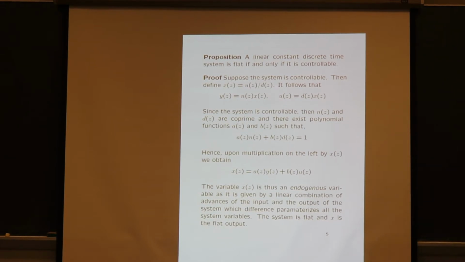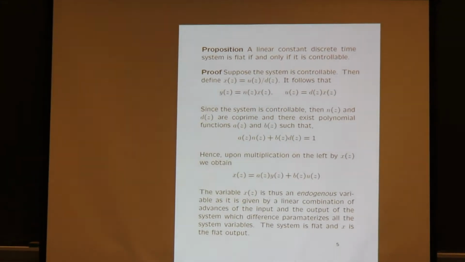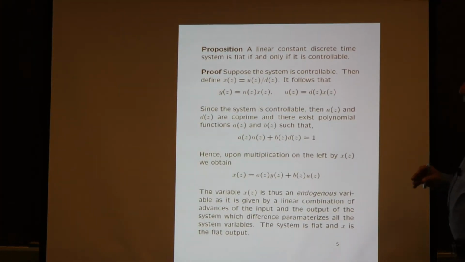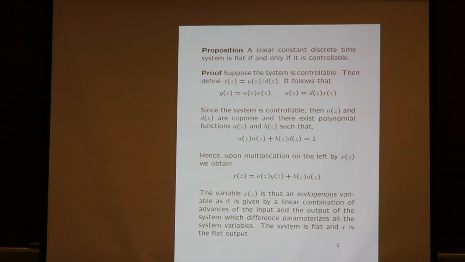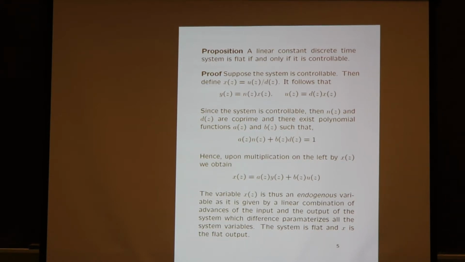So a linear system described by that transfer function will be flat if and only if the system is controllable. What flatness means here is the possibility of parametrizing inputs and outputs in terms of this flat output and time shifts, forward time shifts or advances of the flat output, in a finite number.